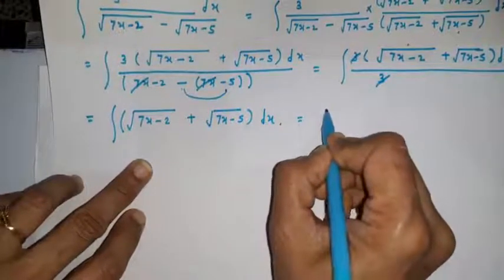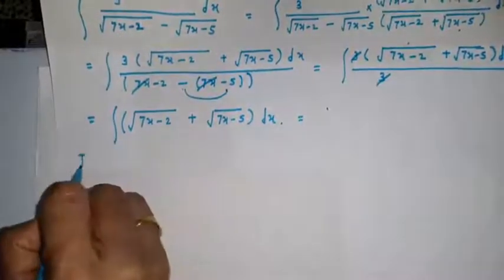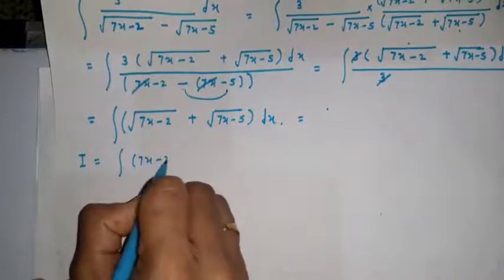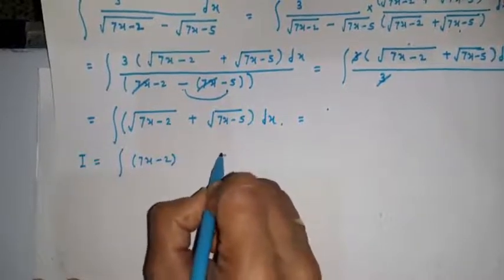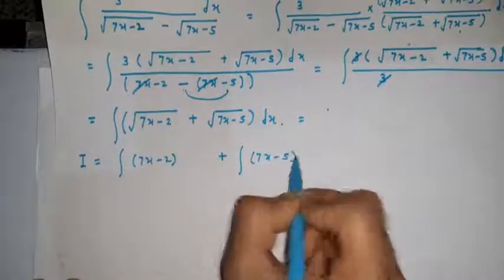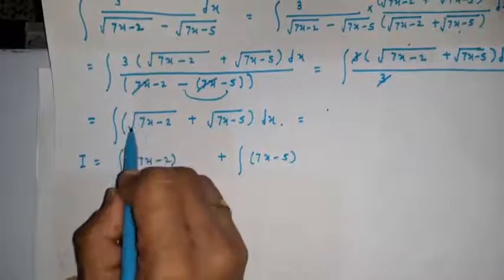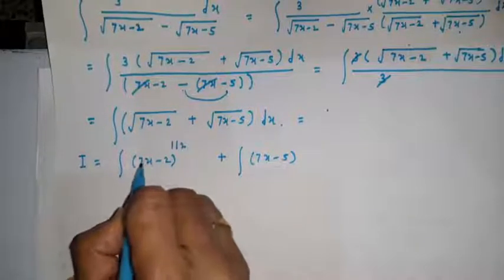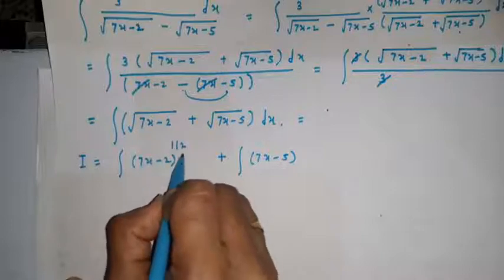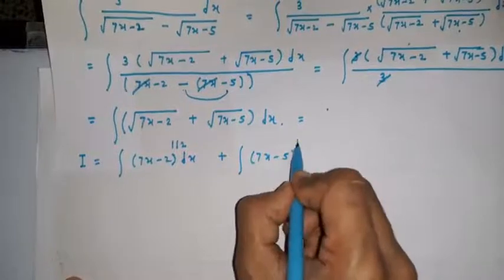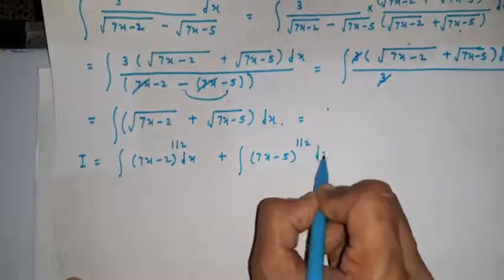So the integration is equal to integration of square root of 7x minus 2 plus integration of square root of 7x minus 5. See students, we know that square root is the power half. So 7x minus 2 with power half with respect to x, similarly here with the power half with respect to x.